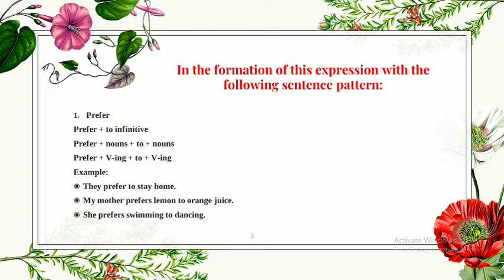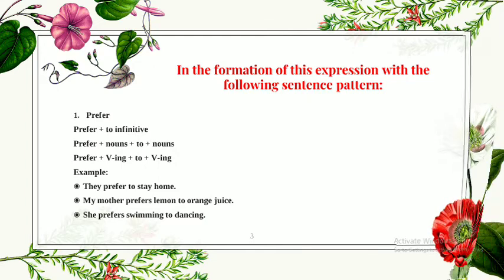For example, they prefer to stay home. Next, prefer plus noun plus to plus noun. For example, my mother prefers lemon to orange juice. And the last, prefer plus verb-ing plus to plus verb-ing. For example, she prefers swimming to dancing.